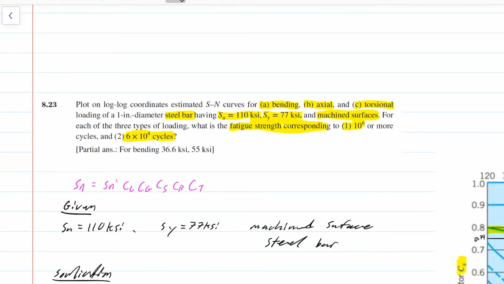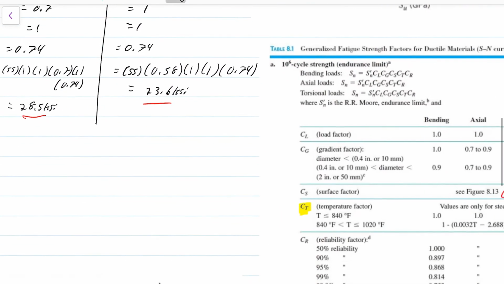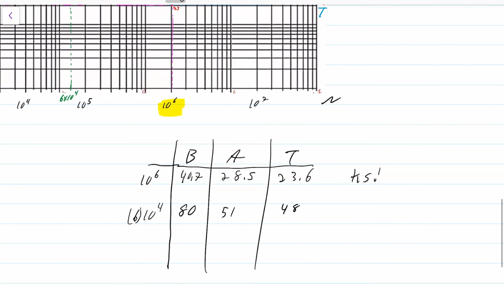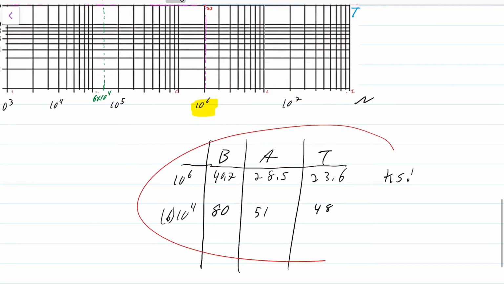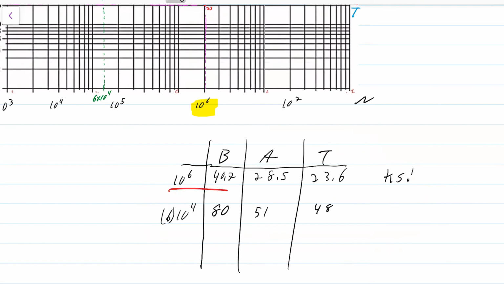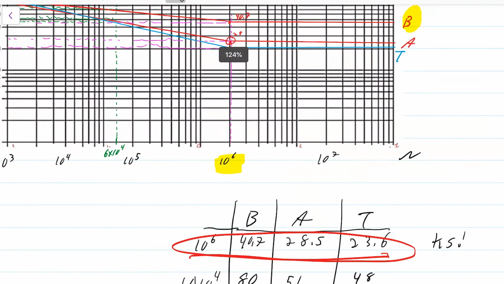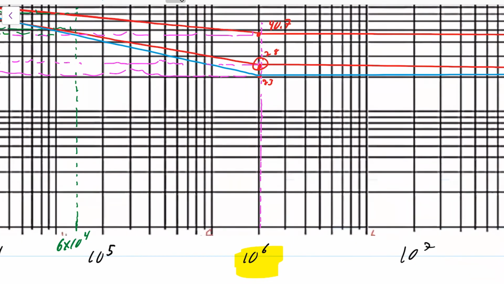The second part of the question wanted you to find the fatigue strength corresponding to the two cycles. To make this a little more organized, I made a graph down here. We look at the first cycle, which is 10 to the 6, and what it lines up with.